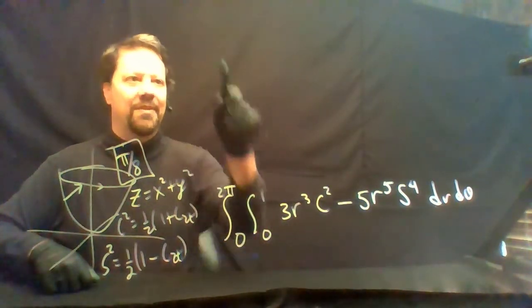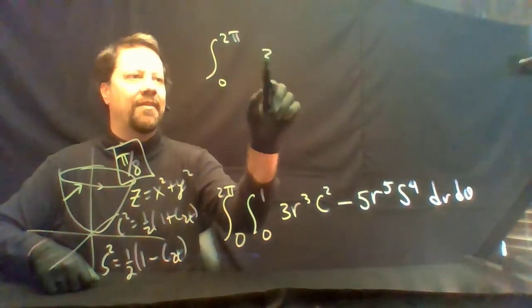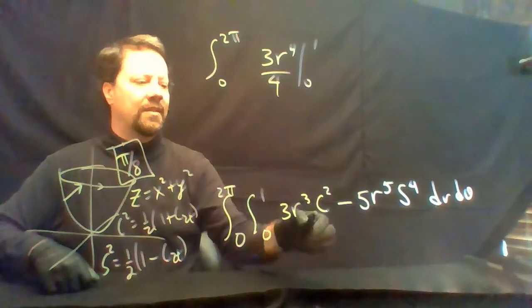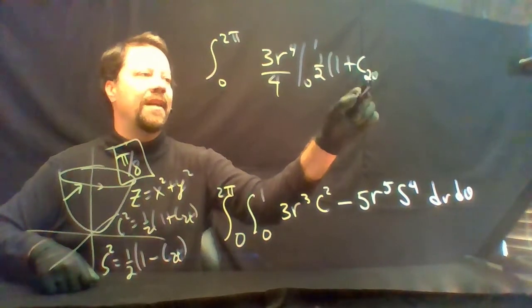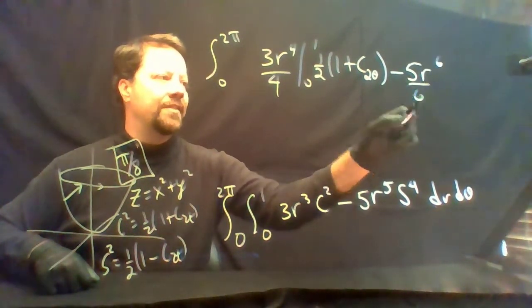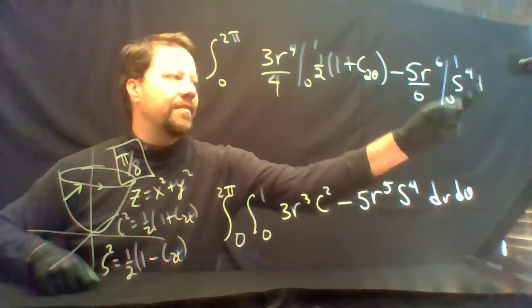Integrating straight up with respect to r, we'll have 3r to the 4th over 4. Cosine squared is 1/2 (1 plus cosine 2 theta), minus 5r to the 6th over 6, and then sine to the 4th.